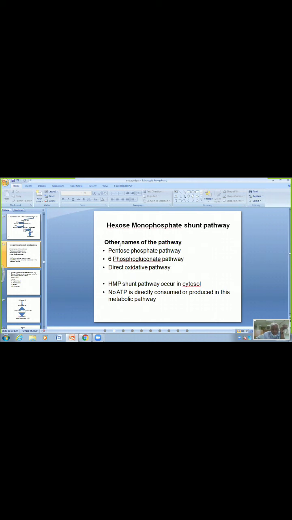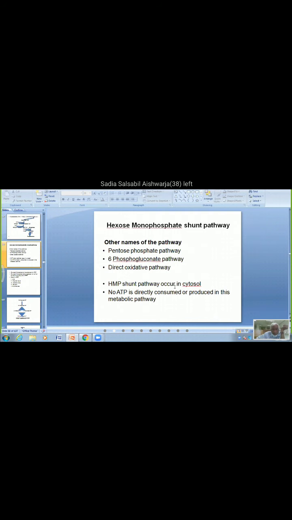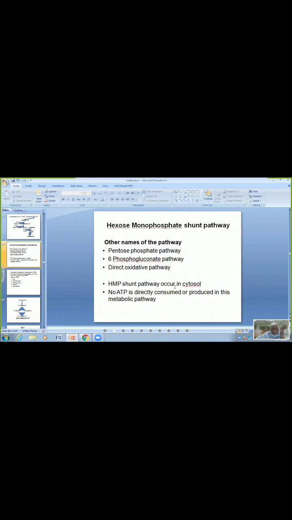These three names it has in addition to the hexose monophosphate shunt pathway, or HMP shunt pathway. Where does it occur? It takes place in cytosol. No ATP is directly consumed or produced in this metabolic pathway. Is it clear?